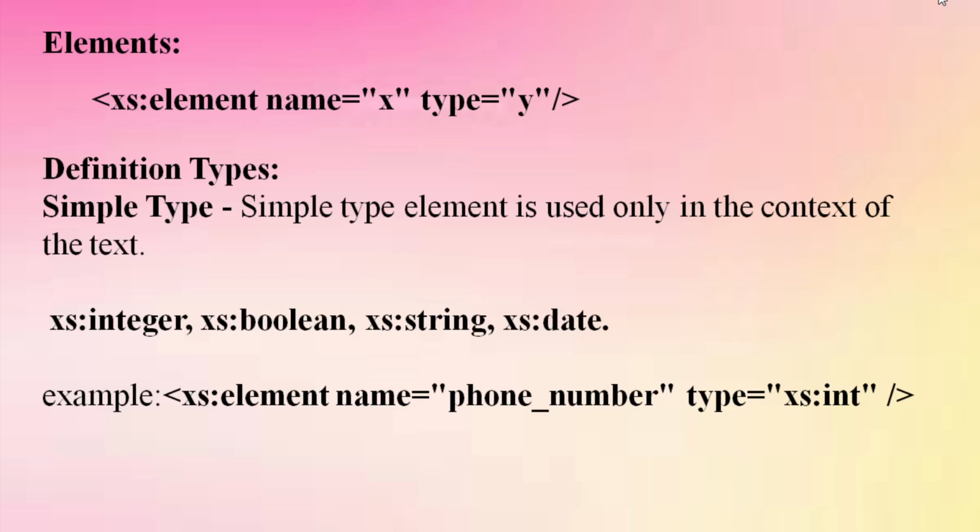If it is a string, element name equals contact, type equals xs:string. If I want to represent a date, name equals date and type is xs:date. Similarly for boolean.